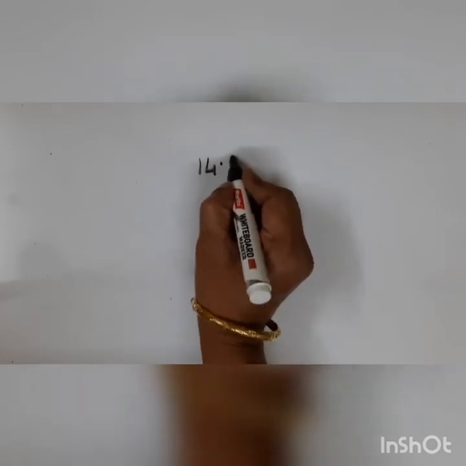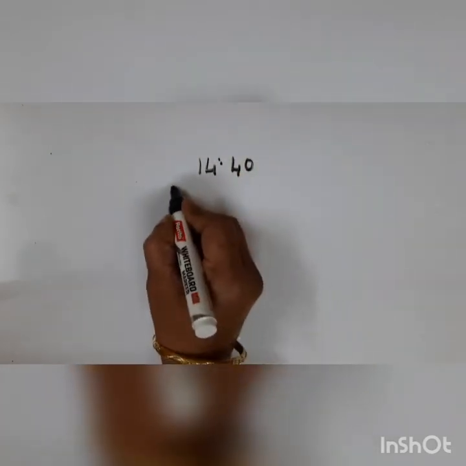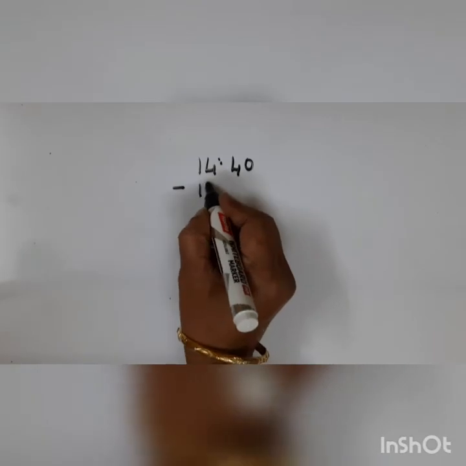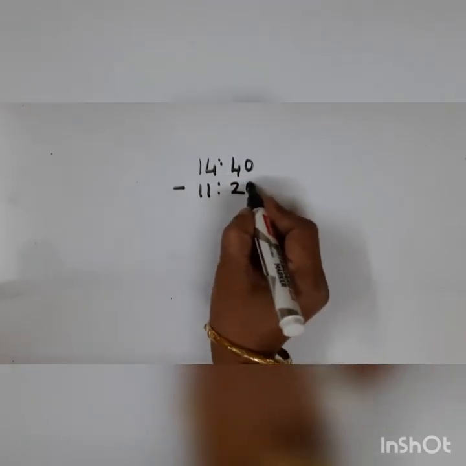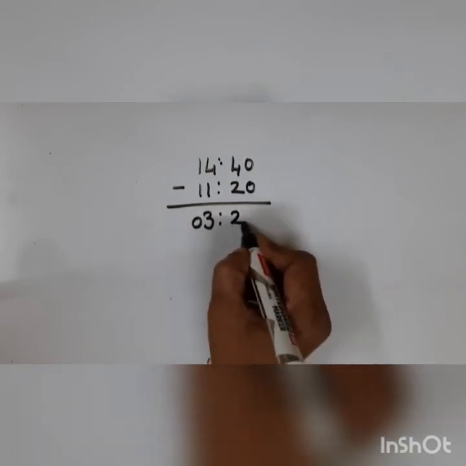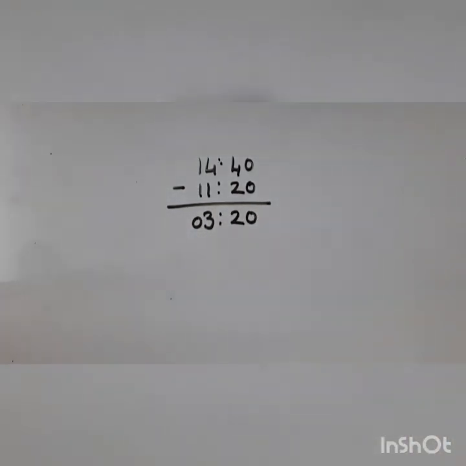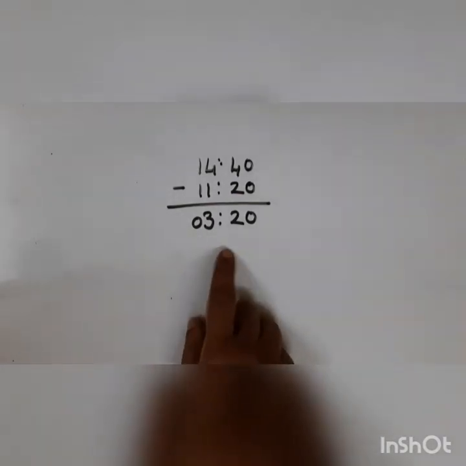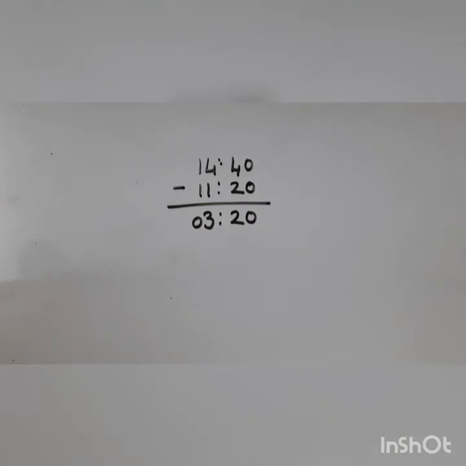So your second method, 14:40 less 11:20. So you get your 3 and 20. So the train traveled 3 hours 20 minutes. This is the 24-hour clock which we have taken, children. Right? Now let's move to the next one.